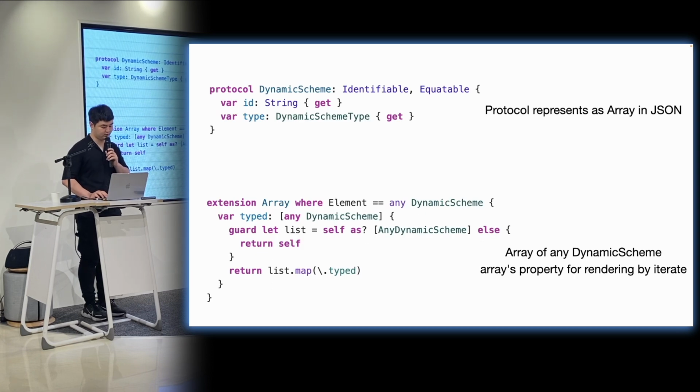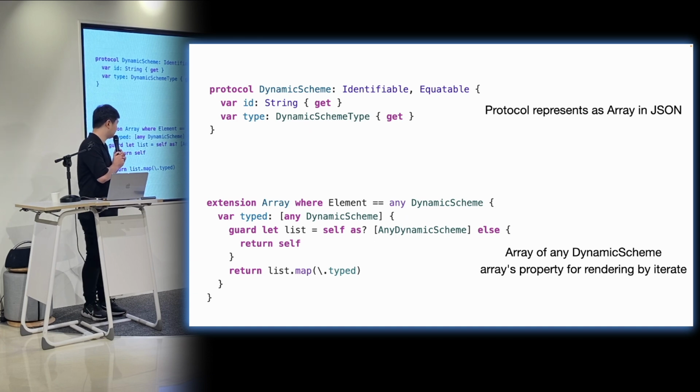Well, before that, I just want to say more detail about those types. So dynamic scheme, as I mentioned, is a kind of meta type, but it's actually a protocol that is represented as an array in JSON. It has an ID and type, and those types have text, image, or whatever. And there is an extension of array when the element is any dynamic scheme.